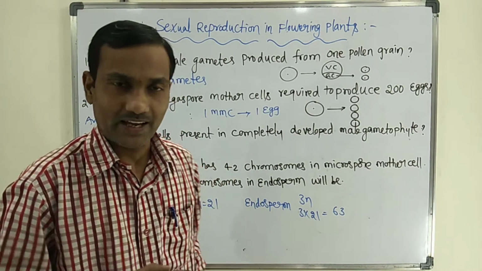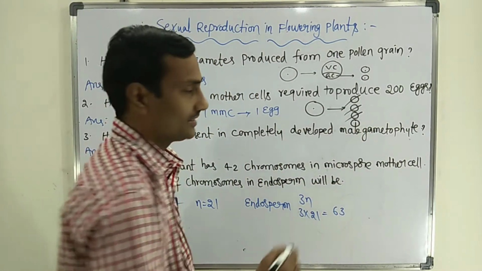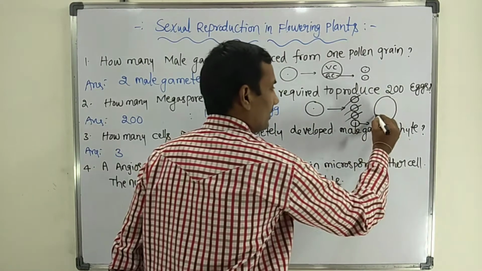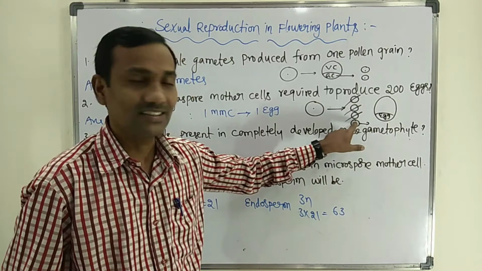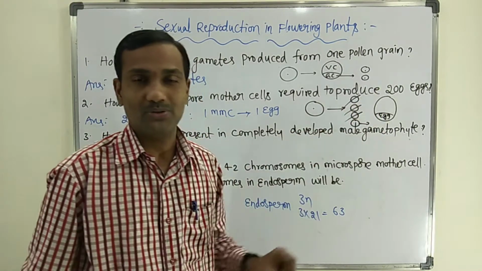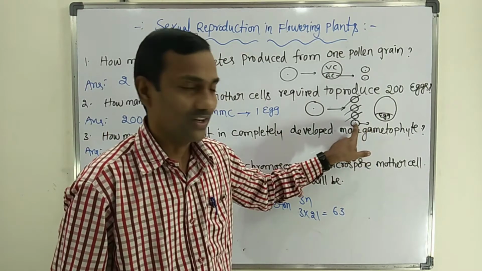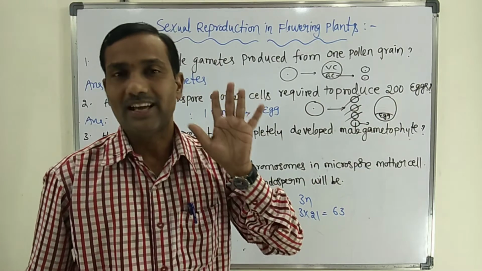In the monosporic type, 3 megaspores degenerate. One single functional megaspore enlarges and develops into the embryo sac, otherwise known as the female gametophyte.